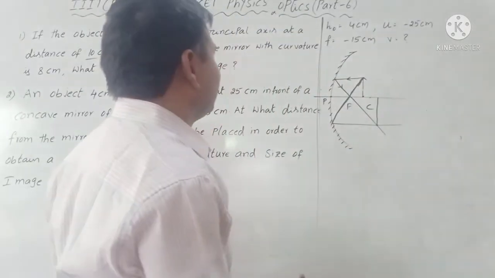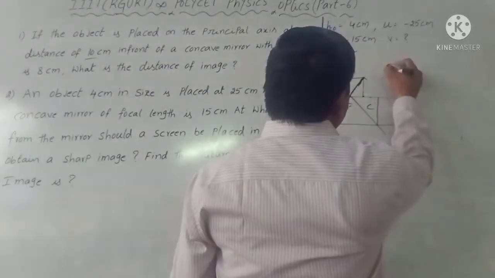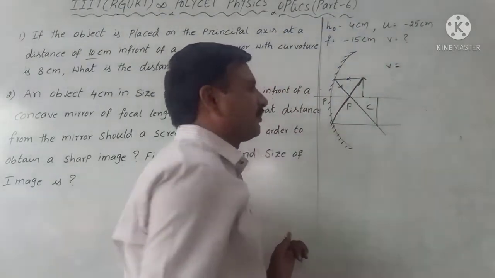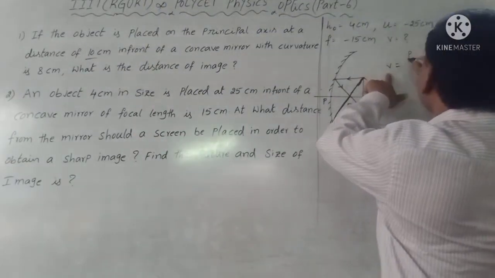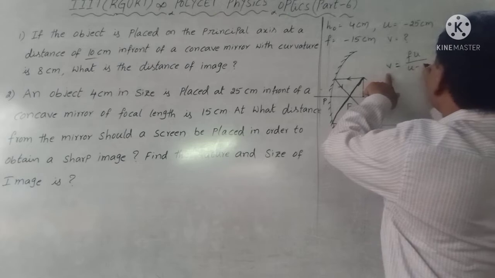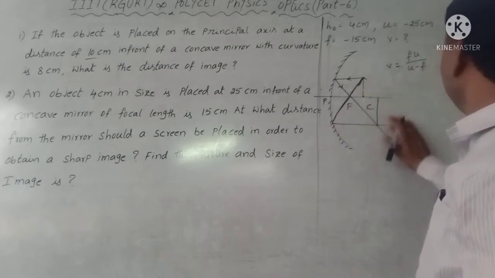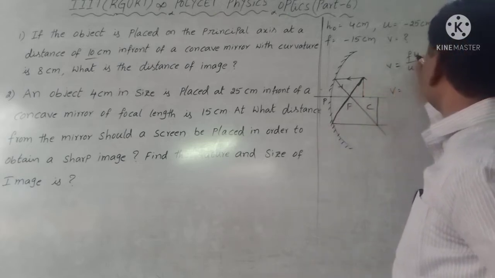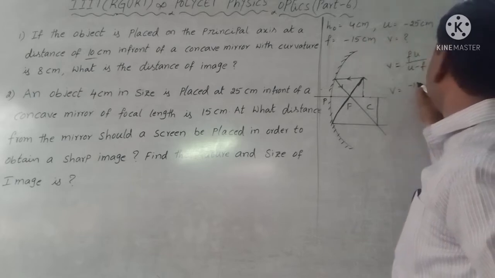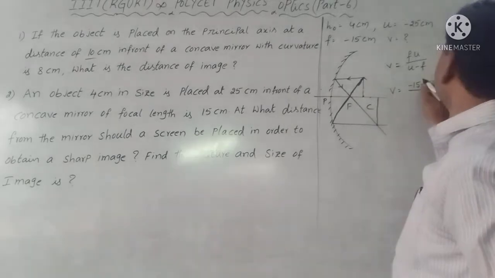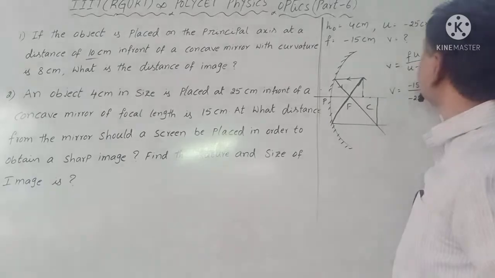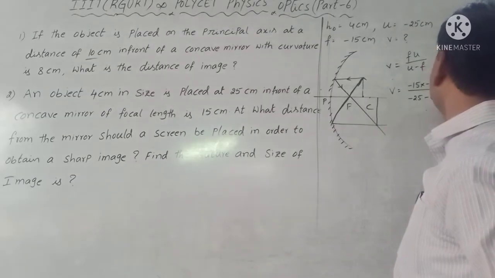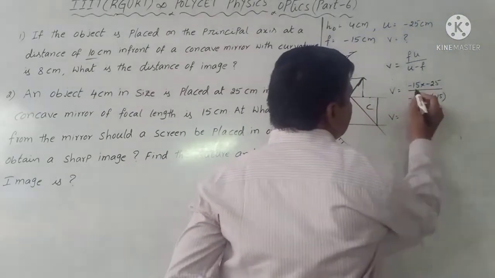So how to get the answer? First of all, we use the shortest formula for the concave mirror: V = FU/(U − F). Then V = (−15)(−25)/(−25 − (−15)).